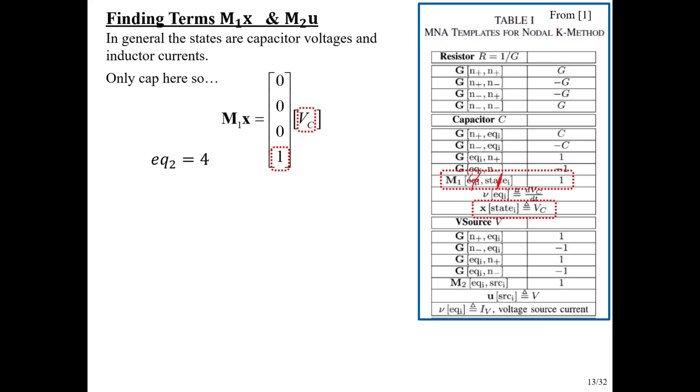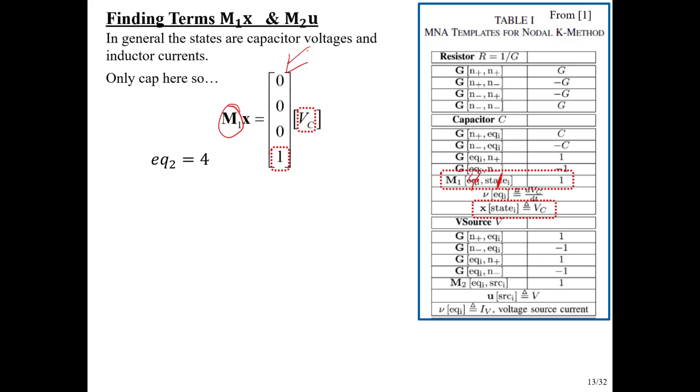So that means here I'm going to have a 4 and a 1. Now that's the only state, so M1 is going to be a column vector. If I had more than one equation, then I'd have more than one column there. So I might have to have an actual matrix there. But right now, that's the only column in M1 that we have. And then there's only one state.